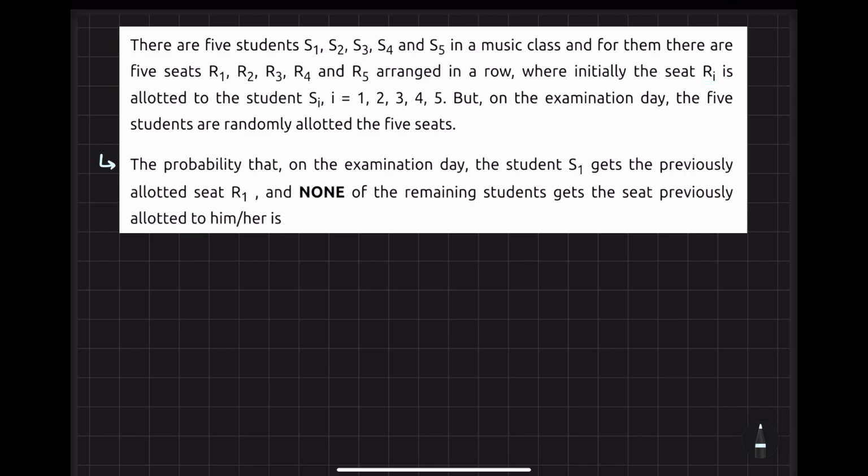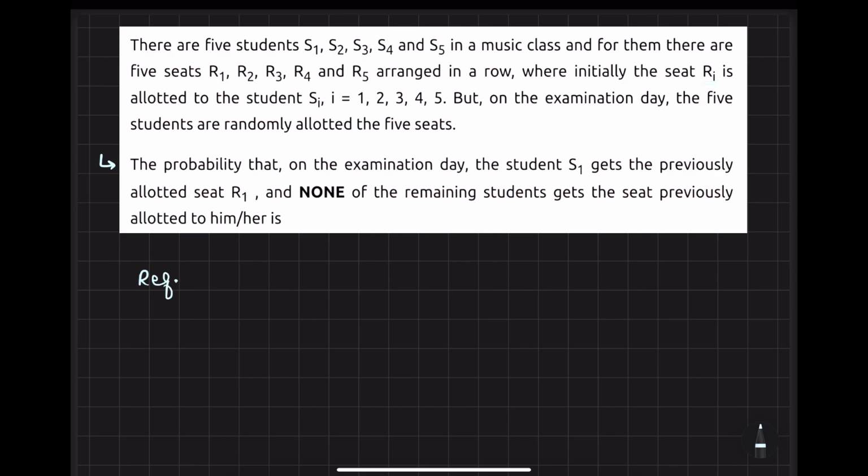The probability that on the day of examination student 1 gets the previously allotted seat R1, meaning S1 will sit on seat R1, and none of the remaining students will sit on their previously allotted seat. So look at how we will handle this situation.